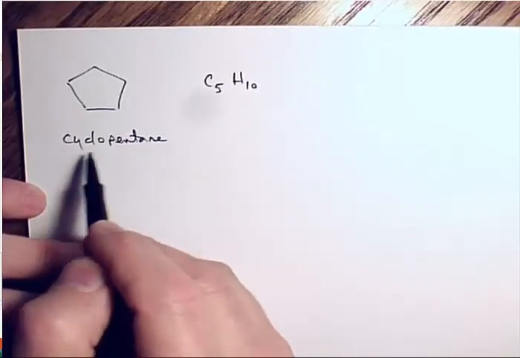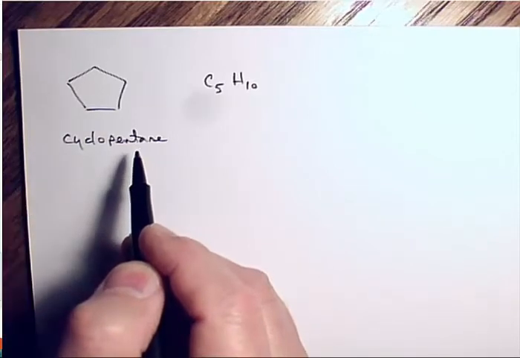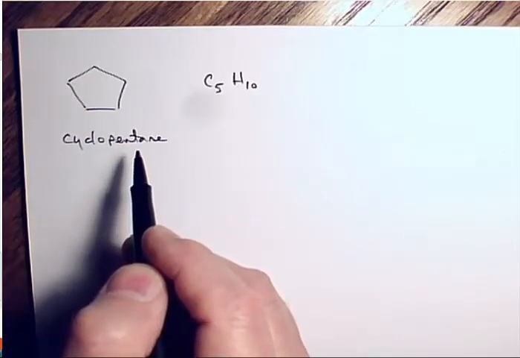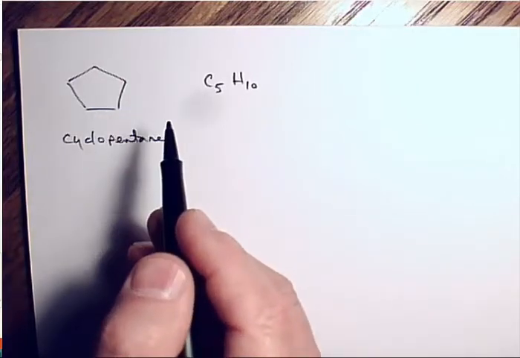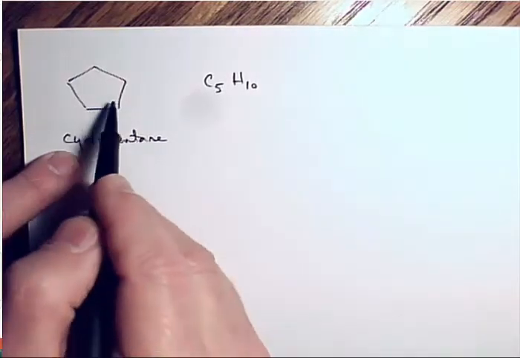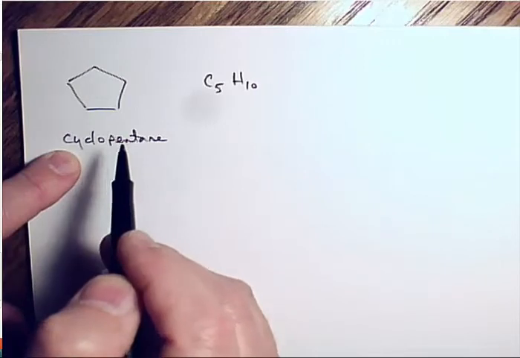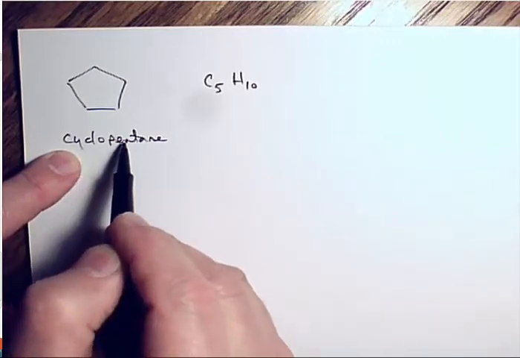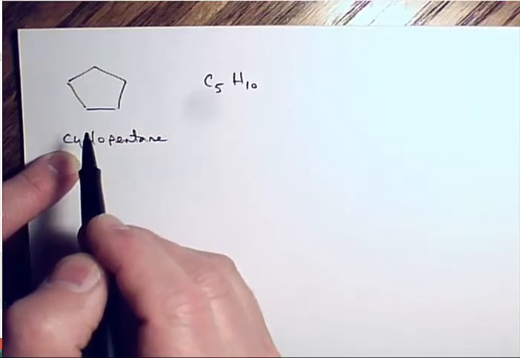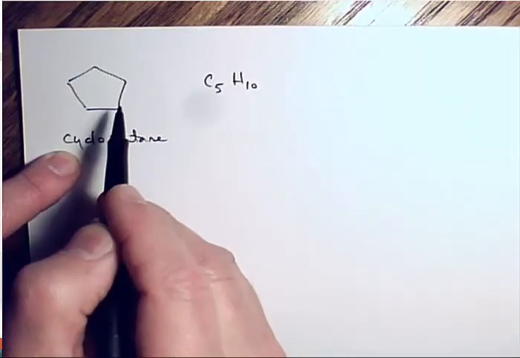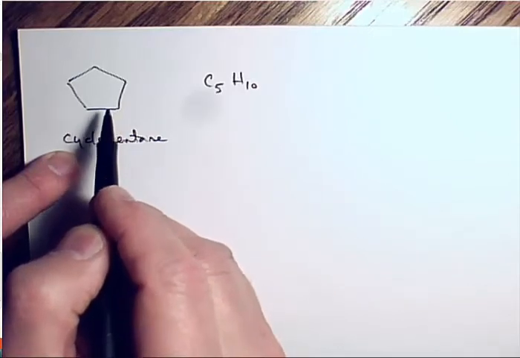Now, if you're given the name cyclopentane, and you can't automatically figure out the formula in your head, just figure out the structure and figure out how many carbons and hydrogens. So cyclopentane just has a circle. And we've got 5 carbons, 1, 2, 3, 4, 5. Ends and bends, remember, are where we find the carbons. Every carbon has to have 4 bonds.